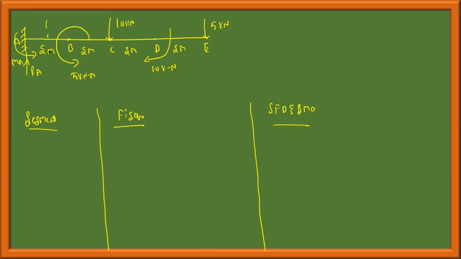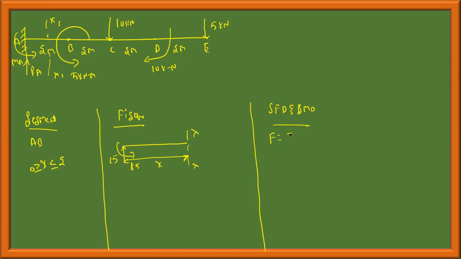I'll pass a section here, x1, x1. Segment AB, x greater than or equal to 0, less than or equal to 2. This is RA 15, counterclockwise moment 85, and section XX at distance x.